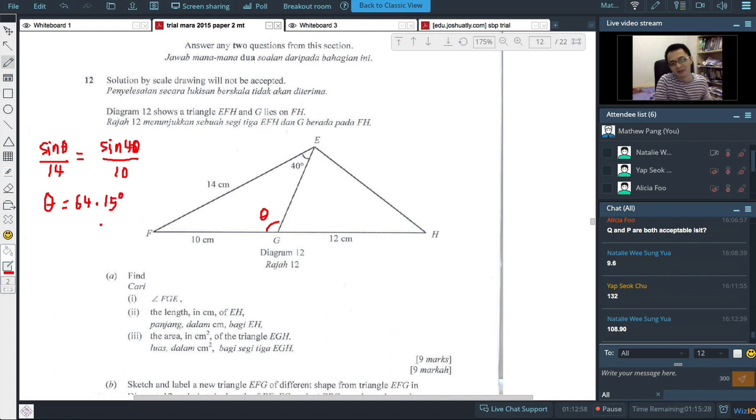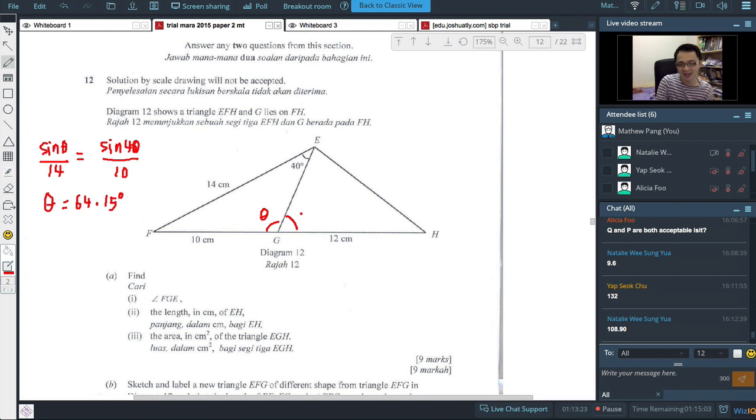Okay, however, this angle actually looks so small, so I assume this angle is the obtuse angle. Normally it will tell you it's obtuse or acute. We have some information. Because you want to know if this is obtuse or acute, you see the angle on the other side.